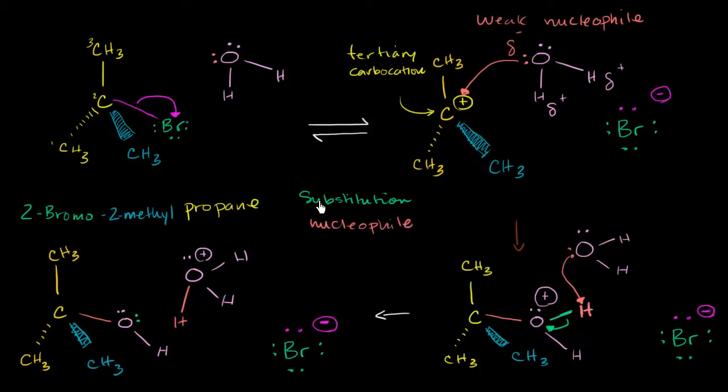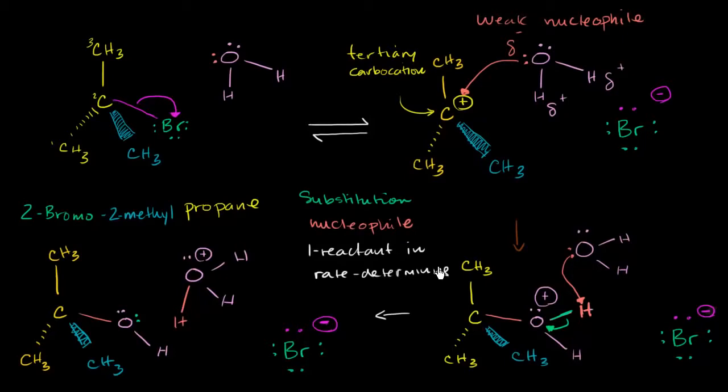But this one, unlike the SN2 reaction, in the rate determining step, and this is the rate determining step, the slowest step of the process, everything else will just kind of start happening once this thing happens. This thing is kind of in equilibrium. Only one reactant is involved in the rate determining step.